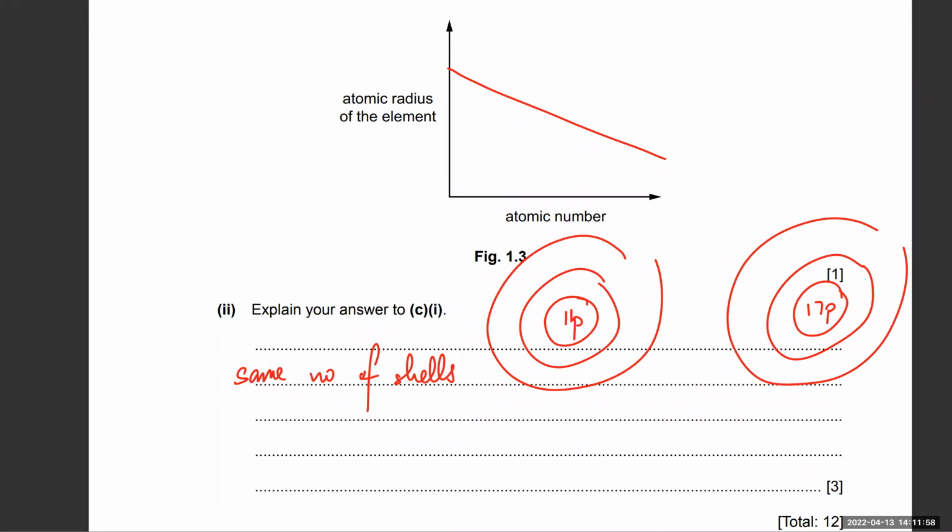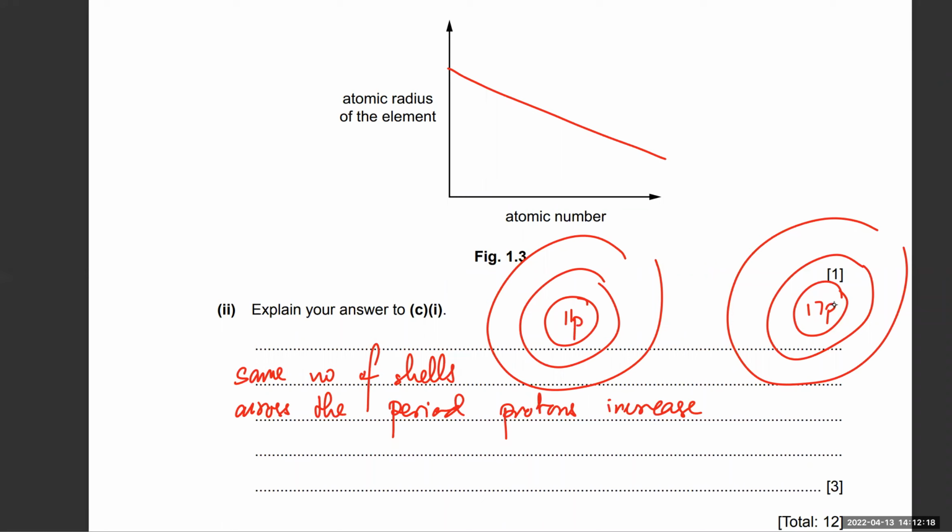But across the period, the protons are increasing, or nuclear charge increases. So 17 protons are going to attract electrons in the 3 shells much more strongly. Which is why it's going to be a lot smaller.